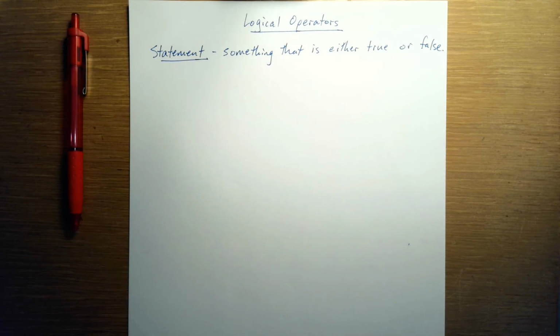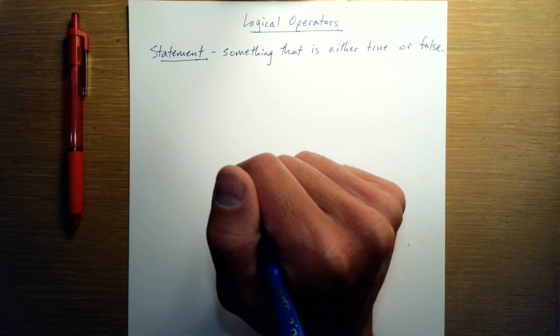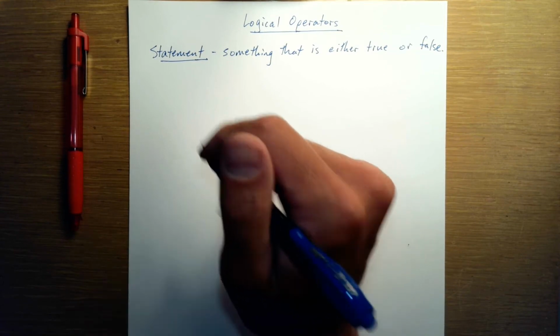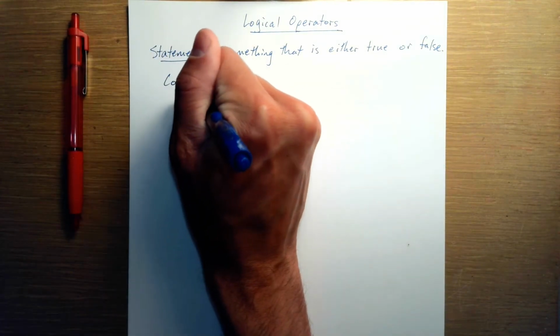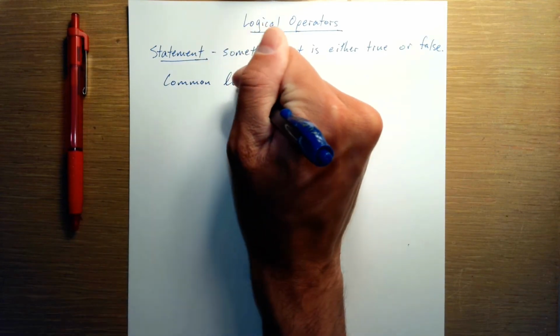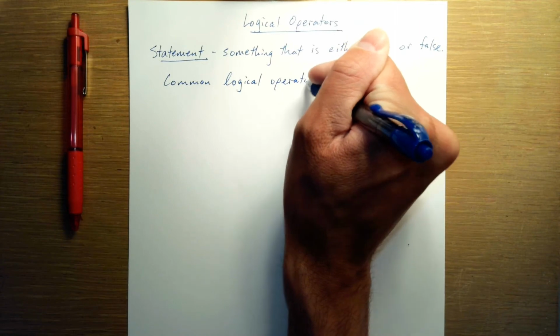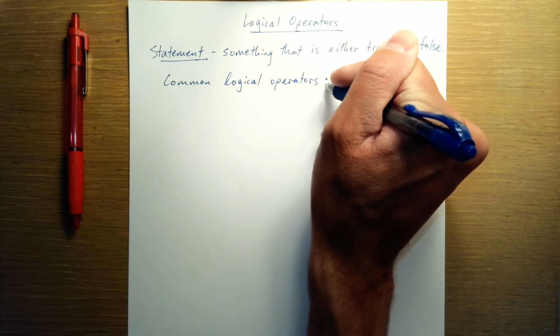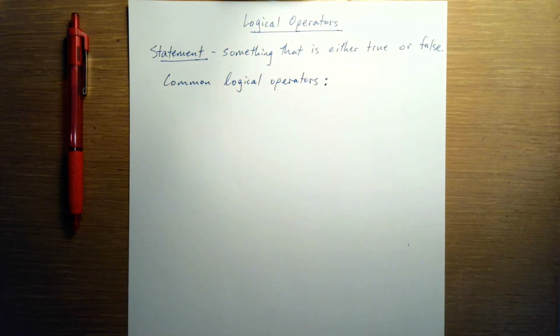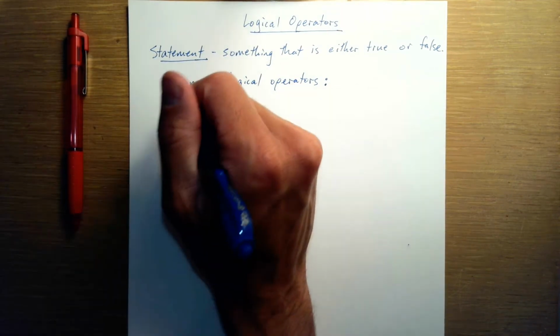or things like that. So there are three common logical operators that we'll use, and there are more, but we're going to focus on these three. So we'll call these the common logical operators. First of all, we need a couple of statements, and those are just the things that we'll use to build with these logical operators.